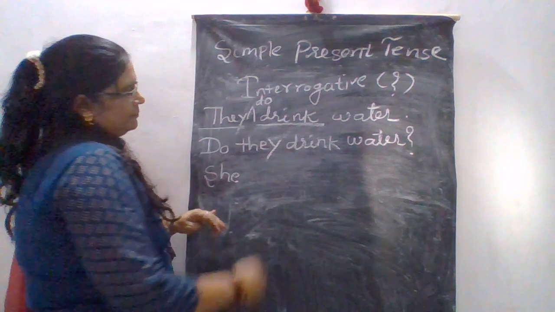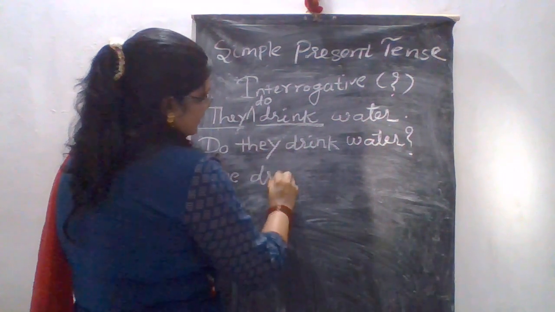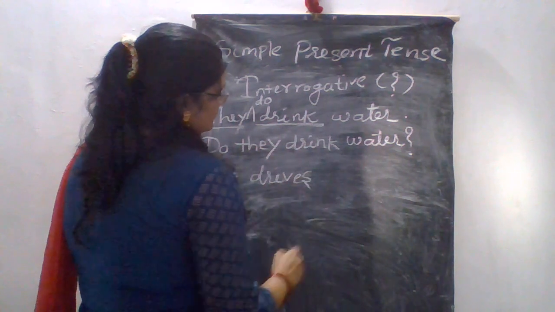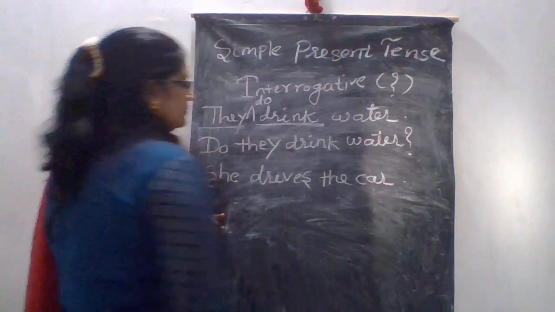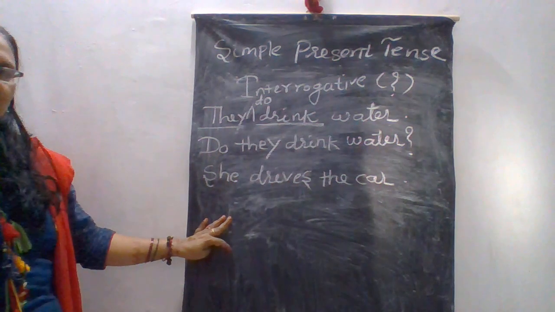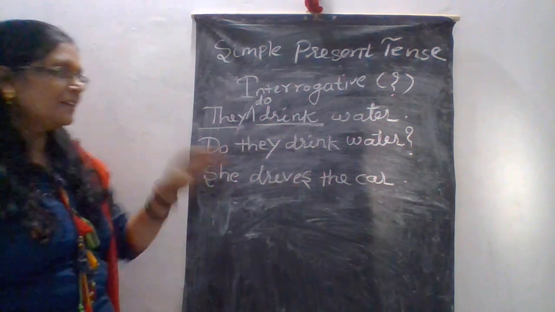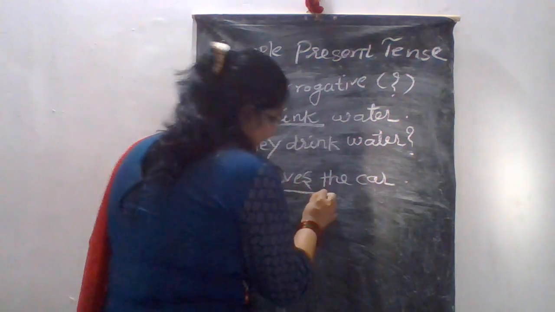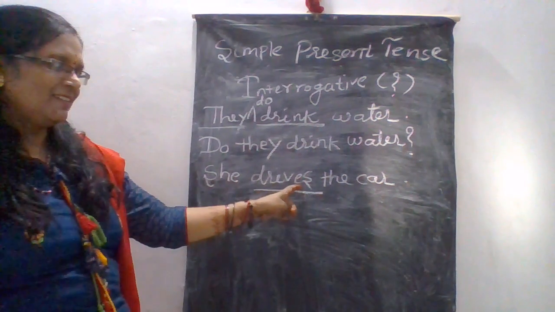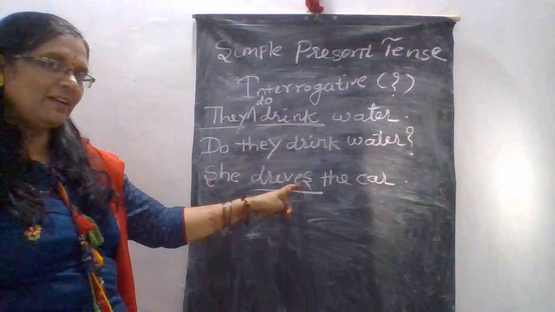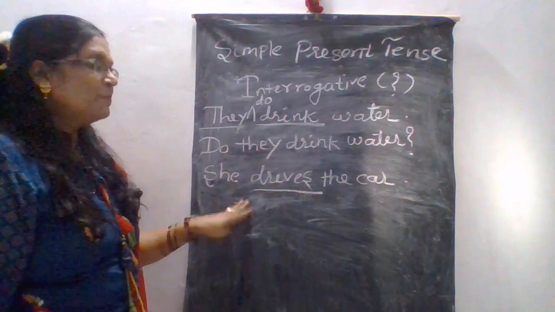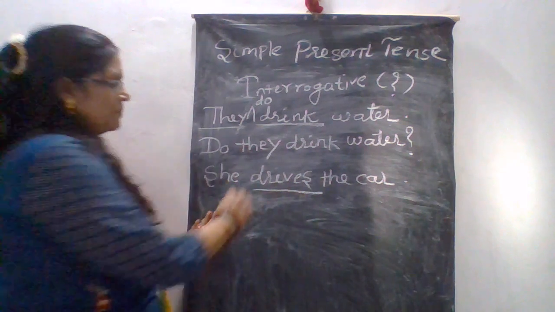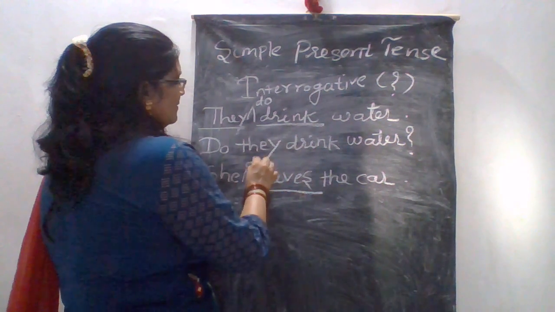She drives the car. Again, focus on the verb. The verb has drives. What is attached to drive? Yes, s. So it means that the hidden helping verb is does.